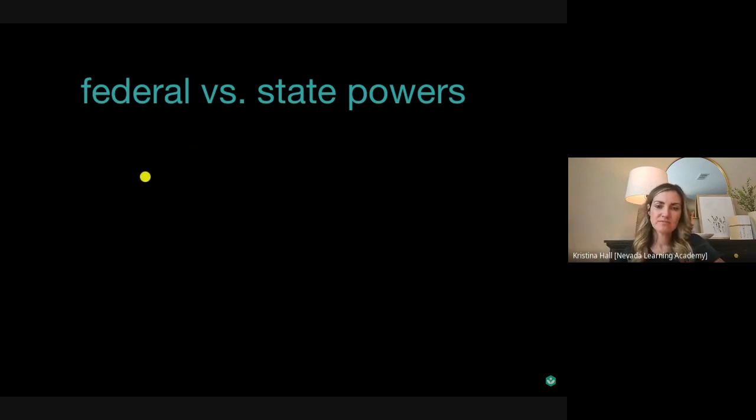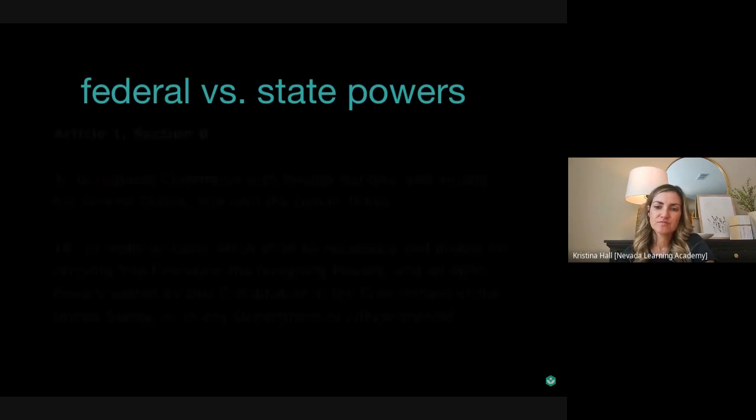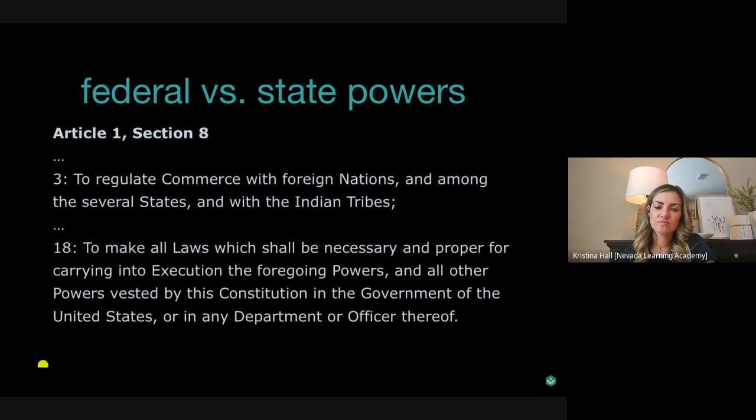In a previous video, we talked about the enumerated powers that the Constitution gives the federal government. In particular, we talked about the Commerce Clause that allows the federal government to regulate commerce among the several states, which has turned out to be a much farther-reaching power than maybe the drafters of the Constitution intended.